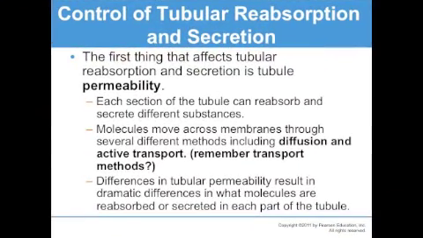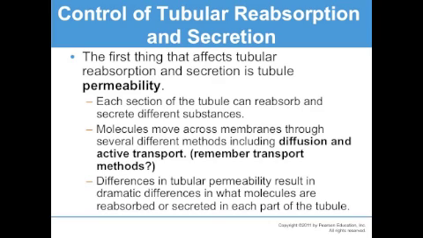The first thing that affects the absorption and secretion in the tubules is the tubule permeability, and that means the size of the pores that enable particles or substances to cross from one side to the other. Each section of tubule can reabsorb and secrete different substances.